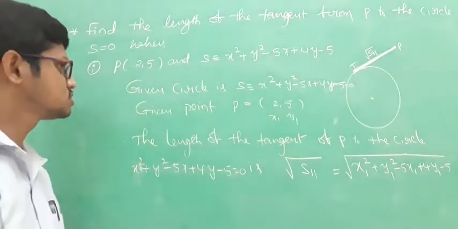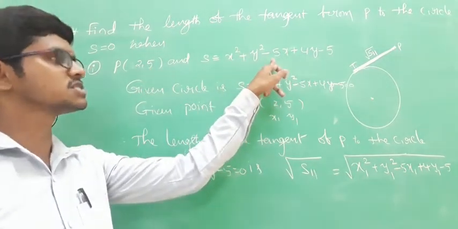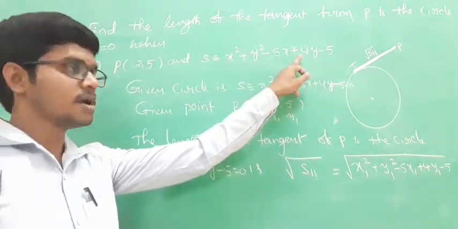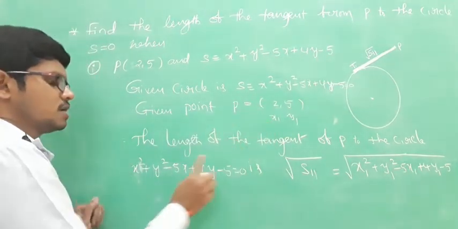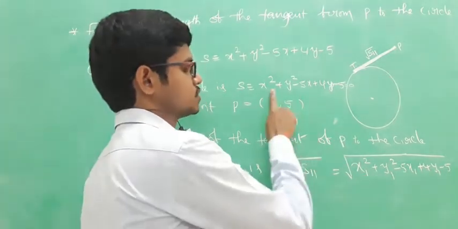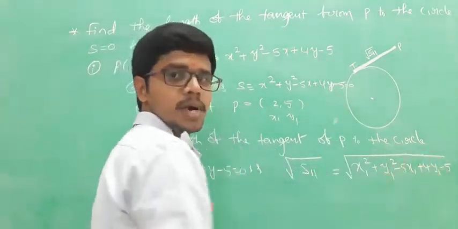So students, another problem: the point is (2, 5) and the circle equation is x square plus y square minus 5x minus 4y minus 5 equal to 0. We have to find root S11, which is x1 square plus y1 square minus 5x1 minus 4y1 minus 5.